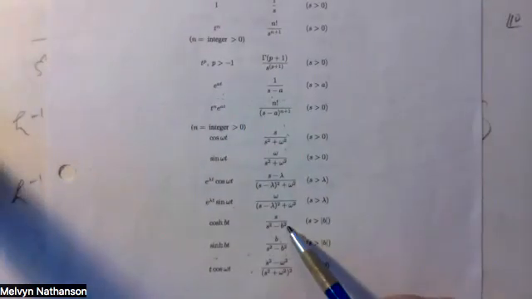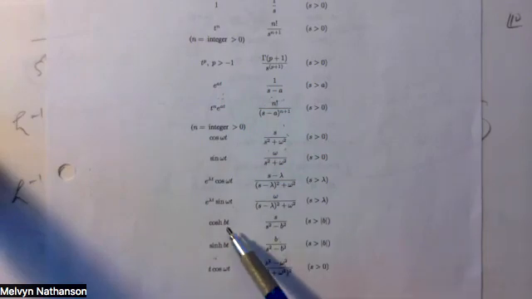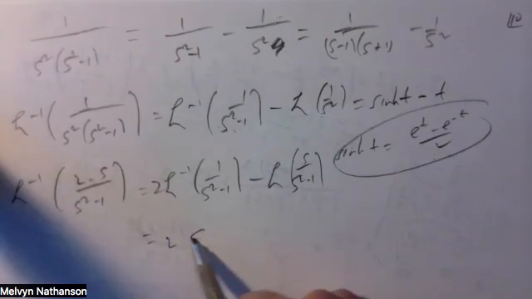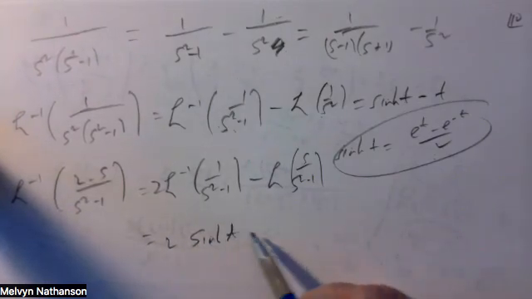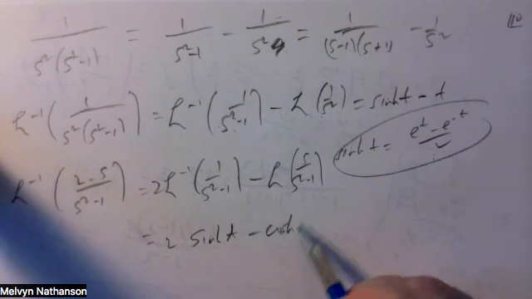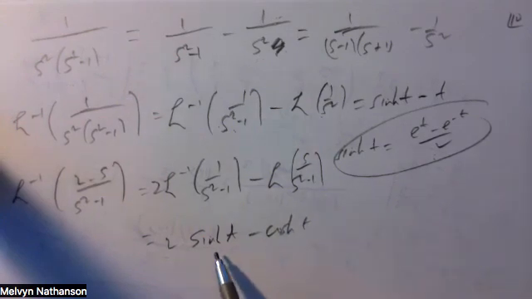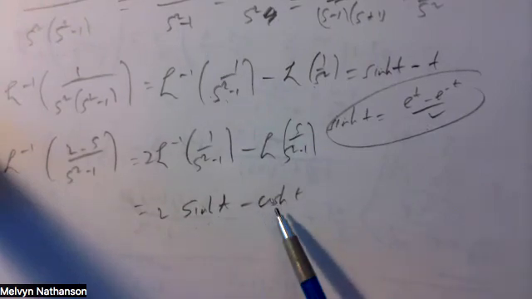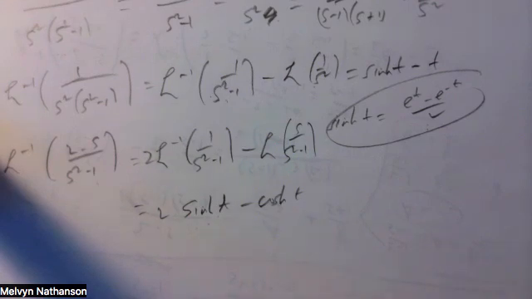Again, I look at my table, and I see that these are the inverse Laplace transforms of the hyperbolic cosine and the hyperbolic sine. So this is 2 times sinh t minus cosh t. The way you pronounce hyperbolic sine is sinh, and the way you pronounce the hyperbolic cosine is cosh.